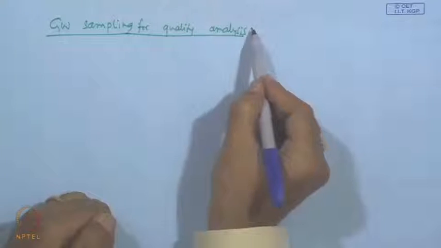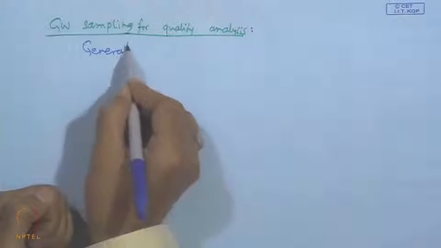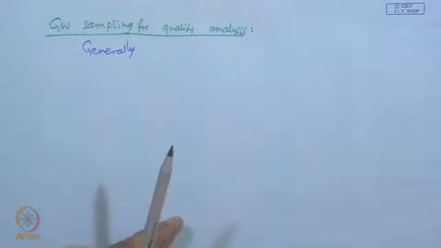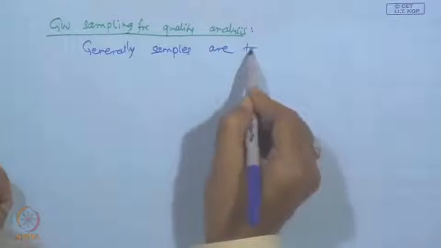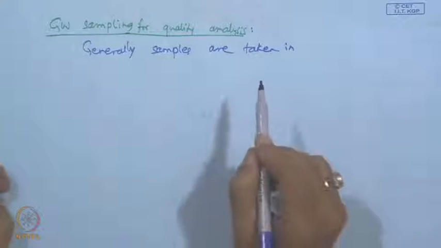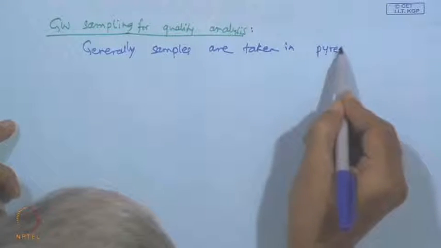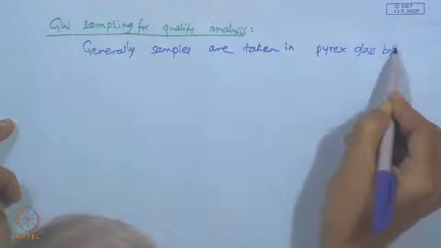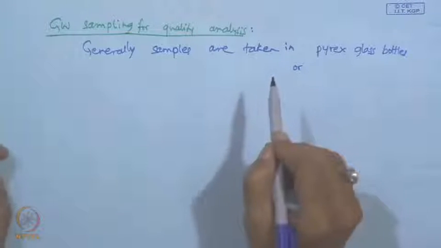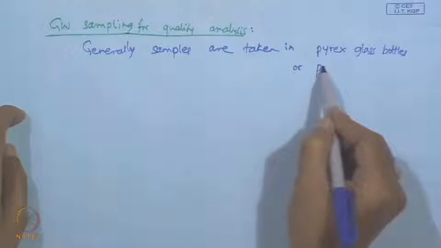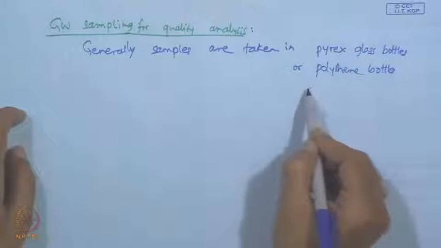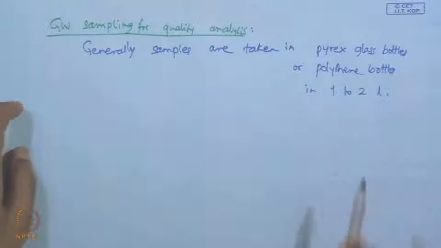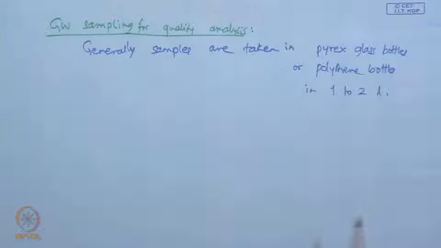Generally the samples are taken in Pyrex glass bottles or polythene bottles, say 1 to 2 liters, that is sufficient for normal routine analysis.